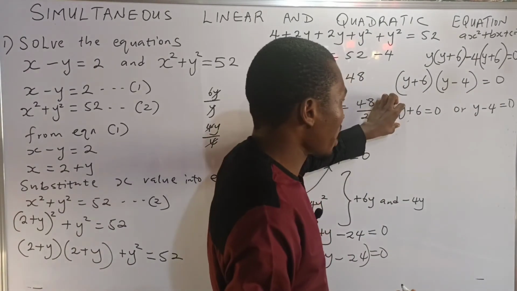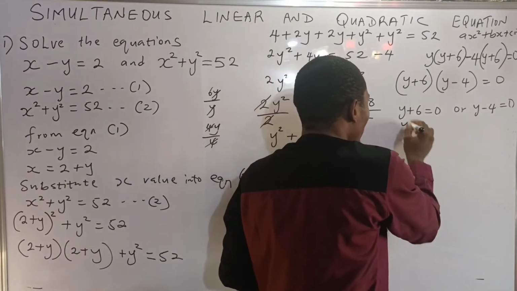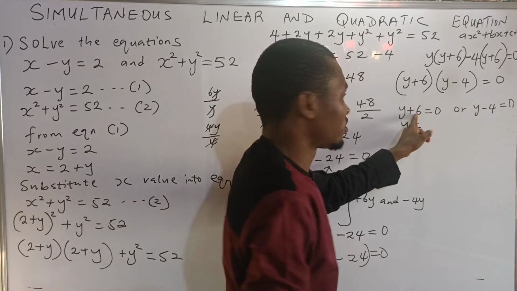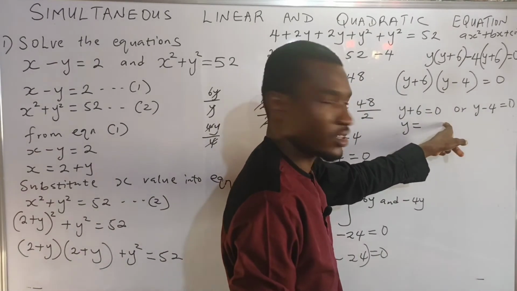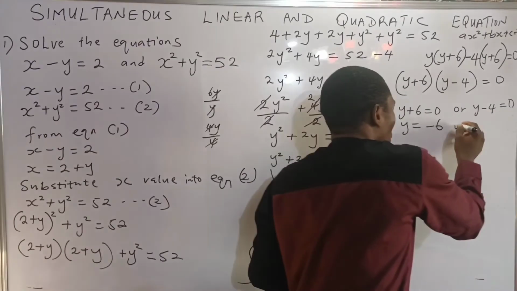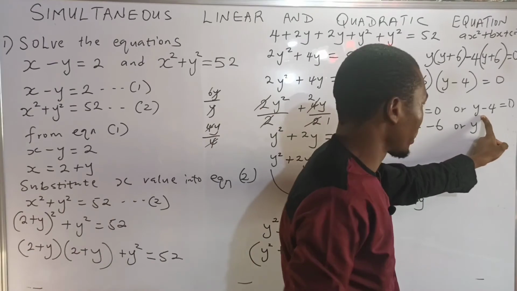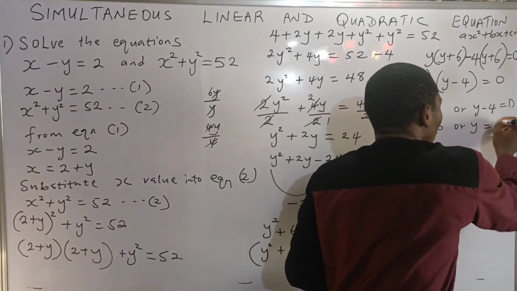Then when we make y the subject of the formula for this given equation here, we have that y is equal to negative 6. Crossing over to the right hand side of the equation, we change to negative 6. Or the value of y, when it is made the subject of the formula here, will also be equal to 4.